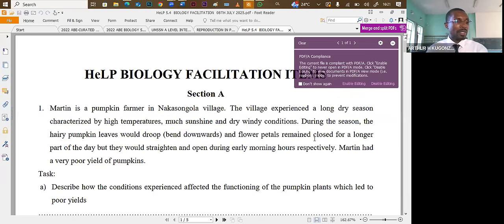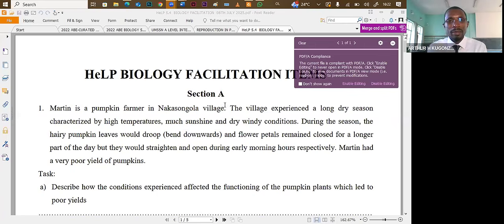Then after that, we shall start to dissect it. So this is our scenario.